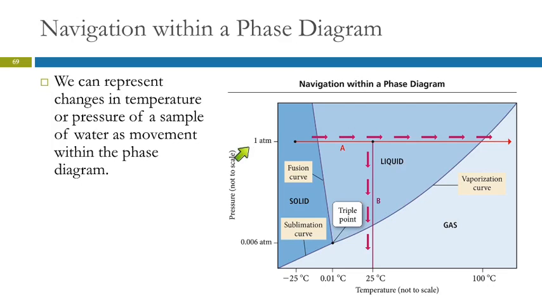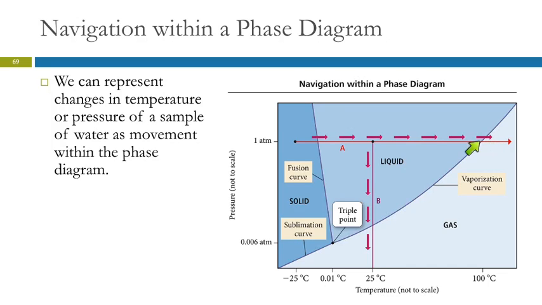If you take 1 atmosphere of pressure and you start here and move across, we've got solid water, ice, and as we increase the temperature at the same pressure, we come to the fusion line where the ice is going to melt, and we can look down here and see what the temperature is there. As we continue to increase the temperature, the water's going to warm up until we get here, and then it's going to boil, and then we're going to have the gas state of water.